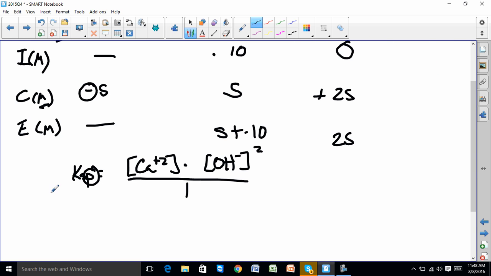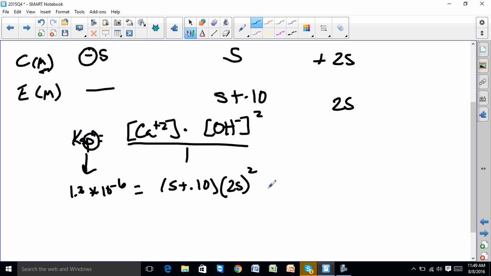Now, this is interesting. You go back to the problem. The problem tells you that this is 1.6 times 10 to the negative 6. The chart tells me that we're going to call this S plus 0.1, and we're going to call this 2S, but then this has to be squared.